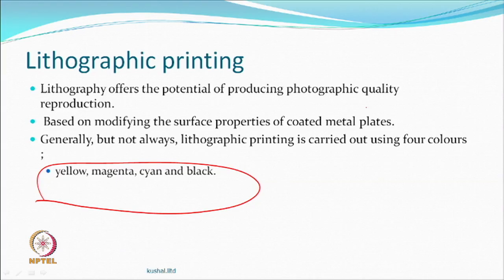What you are doing is that you use only 4 colors, yellow, magenta, cyan and black, and that is why these days paper printing is called 4 color printing. 4 color means you are using 4 colors, but getting every shade, right. That is lithographic printing, and therefore it is more popular today.